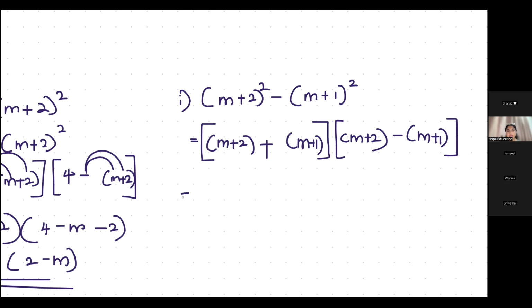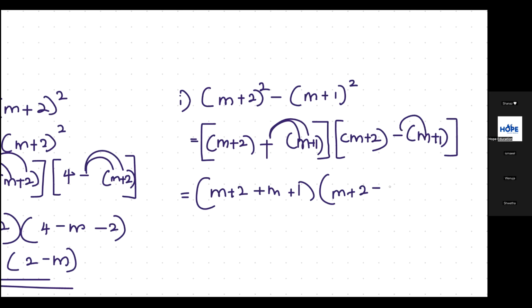So m plus 2, plus times plus is plus, plus times plus is plus. Here m plus 2, minus times plus is minus, minus times plus is minus.